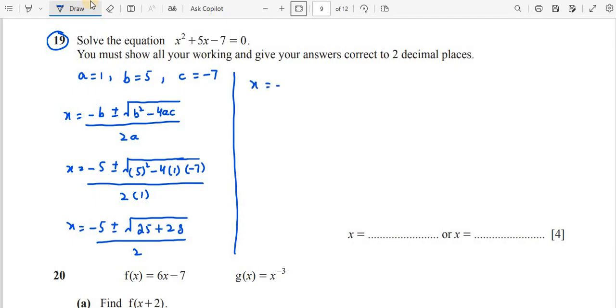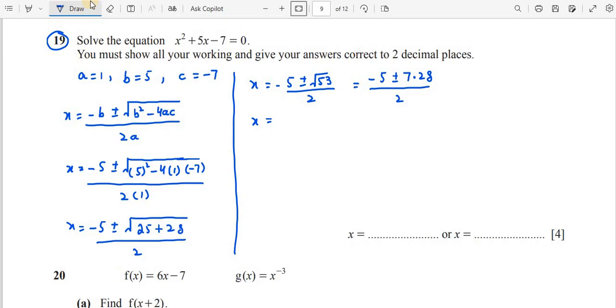X is equal to minus 5 plus or minus the square root of 53 over 2a. First of all we take the square root of 53, which is 7.28, over 2.